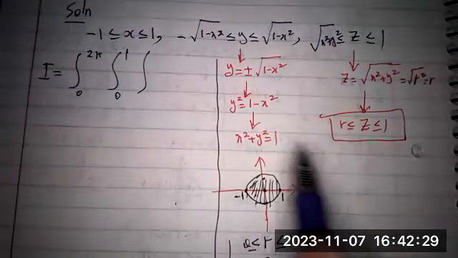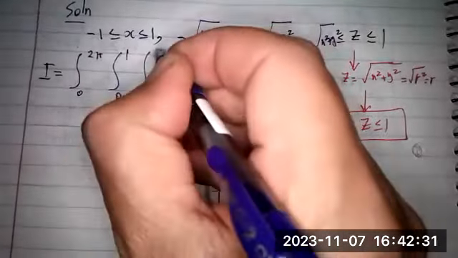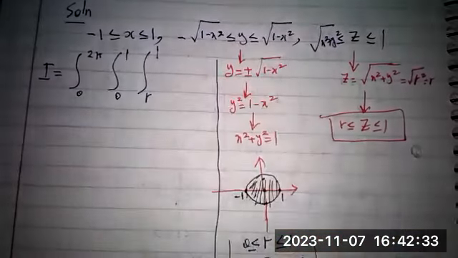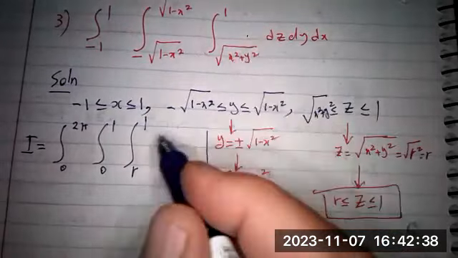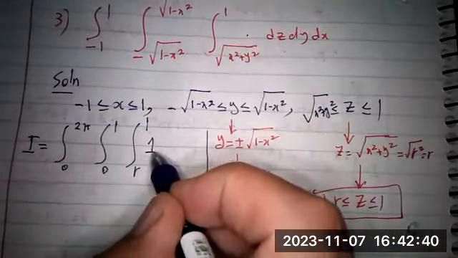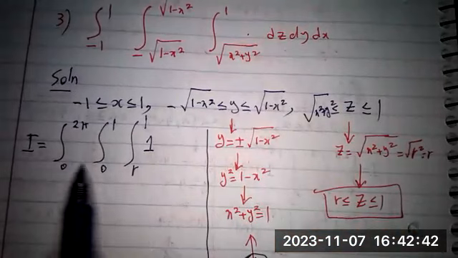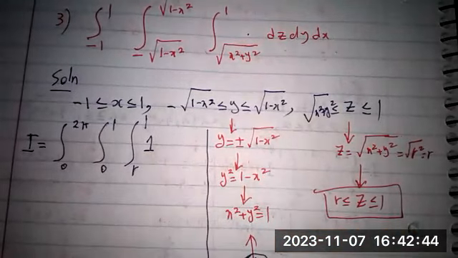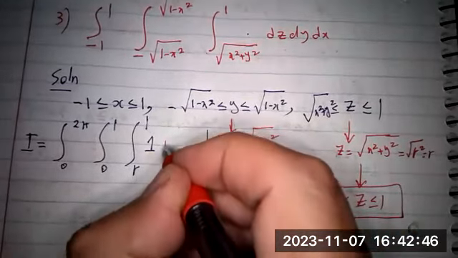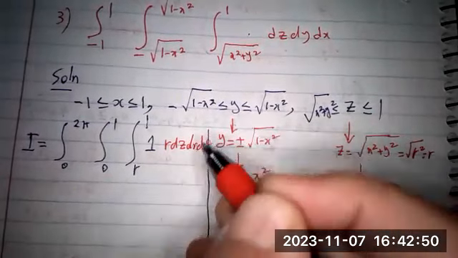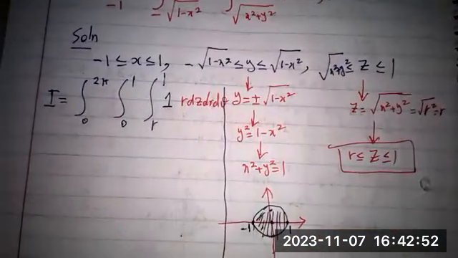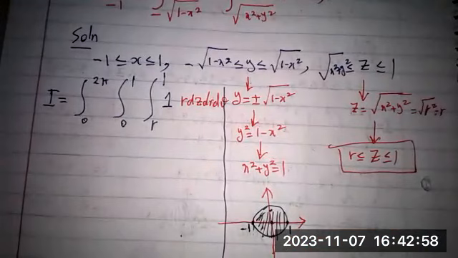Z is between r and 1. The function is 1, so nothing to do. But you know that the formula has an extra r, dz dr d theta. A standard formula for the cylindrical coordinate. That's it. Any question? Very easy integral to find.